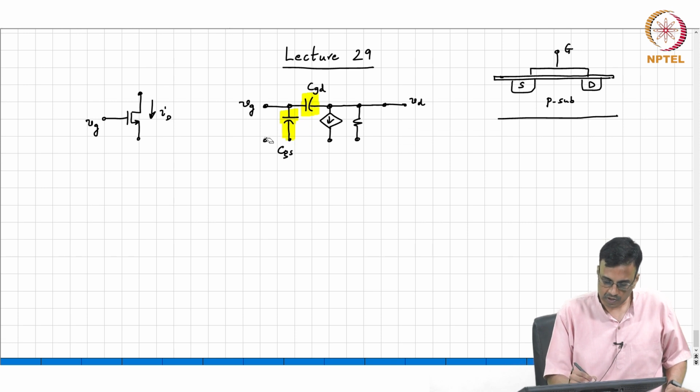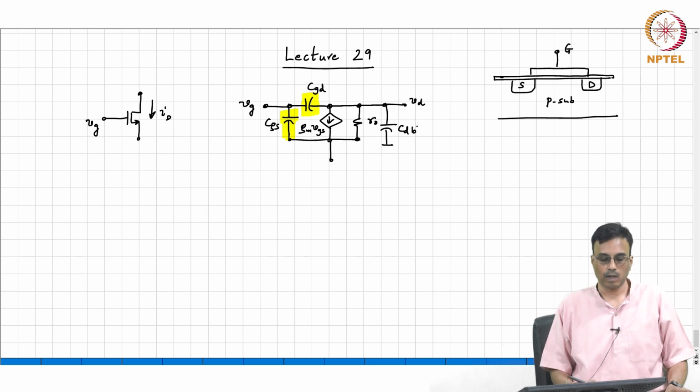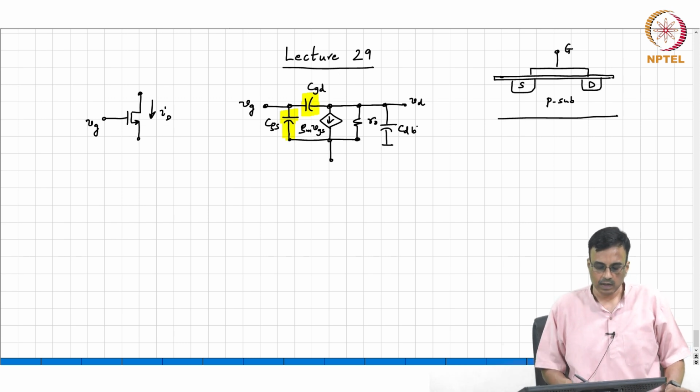If the source is floating, meaning independently controlled, then this is the source, this is the usual RO, this is gm VGS, and there is a capacitance from drain to bulk. Okay, all right.